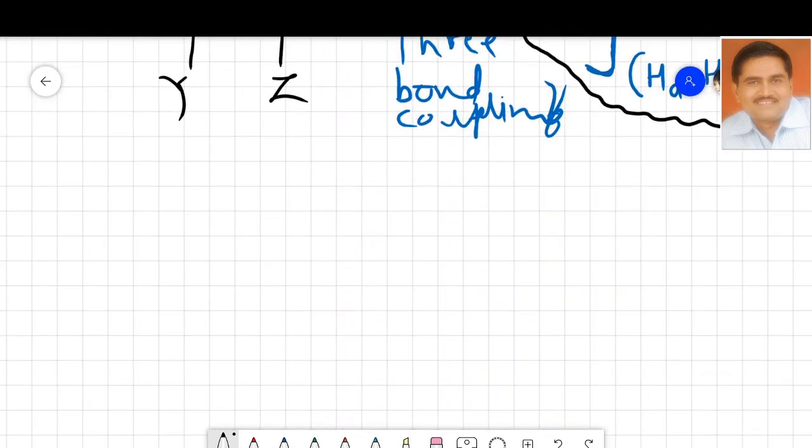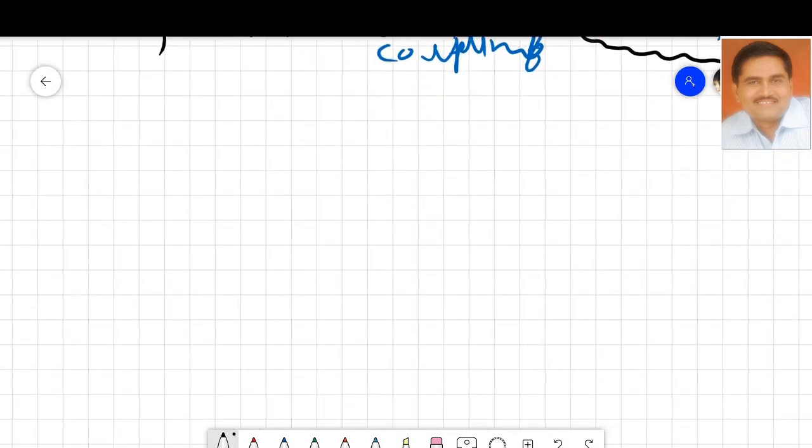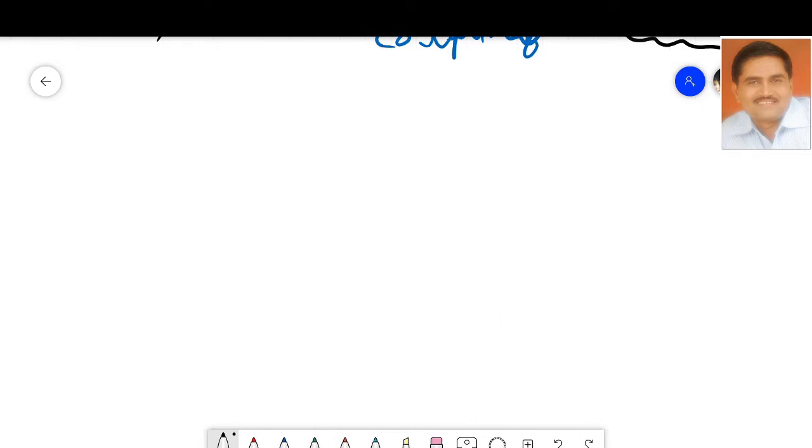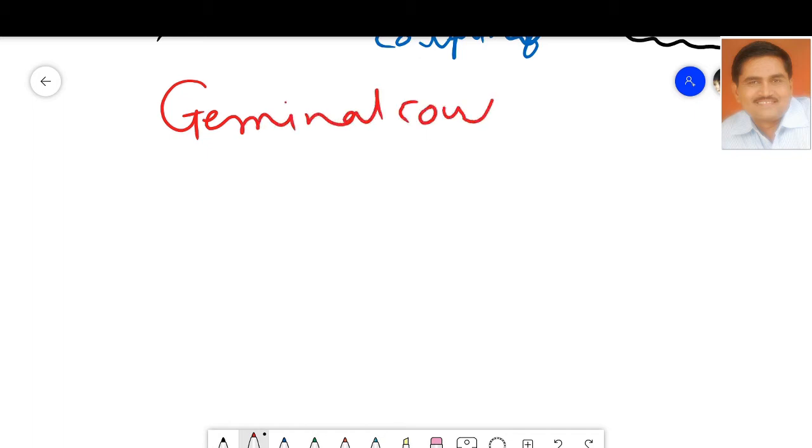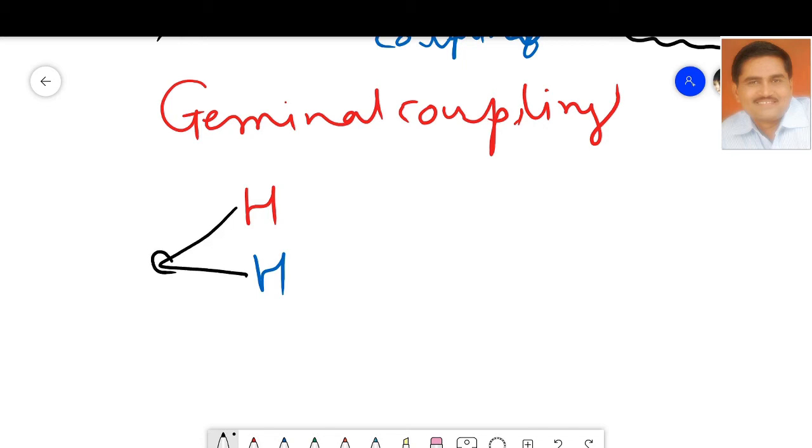Now we take the second type, that is geminal coupling. Geminal coupling is nothing but those protons attached to the same carbon atom.